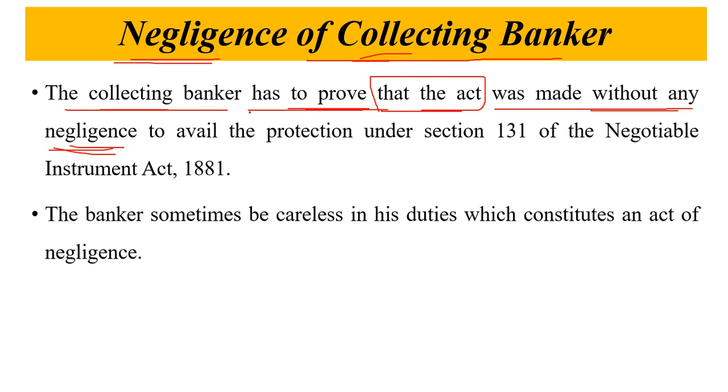So the collecting banker has to prove that the act, meaning collecting the money from the paying banker, was made without any negligence to avail the protection under section 131 of the Negotiable Instrument Act 1881.